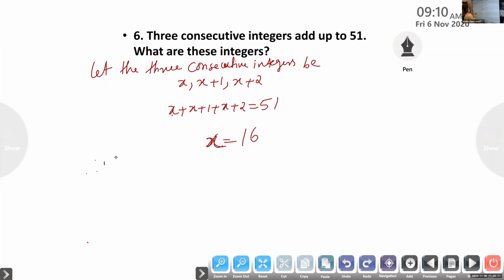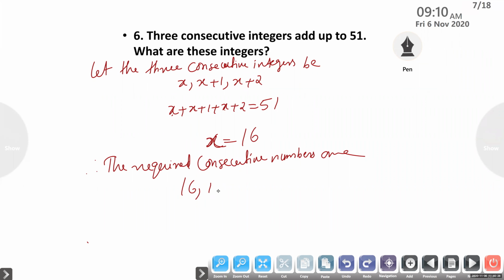Therefore the required numbers are 16, 17, 18. That is 16, 16 plus 1 and 16 plus 2.